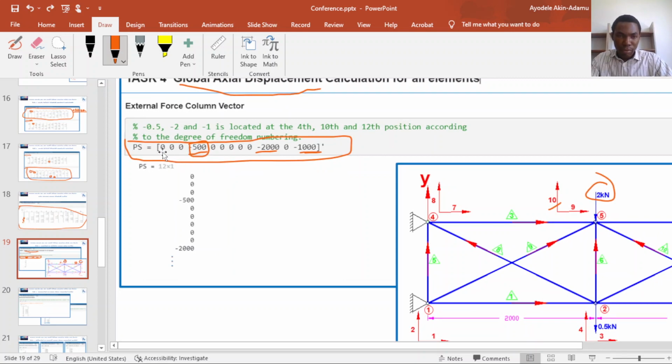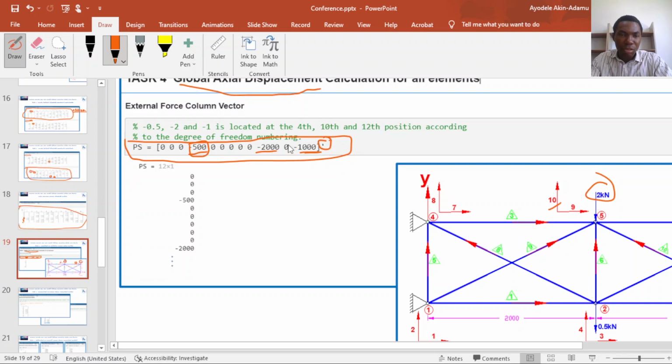So there are 12 values in this vector: 1, 2, 3, 4, 5, 6, 7, 8, 9, 10, 11, 12. And at positions 4, 10, and 12, I specify the force. At other nodes, because there are no forces, they are defined as 0. If you notice, there is a hyphen here.